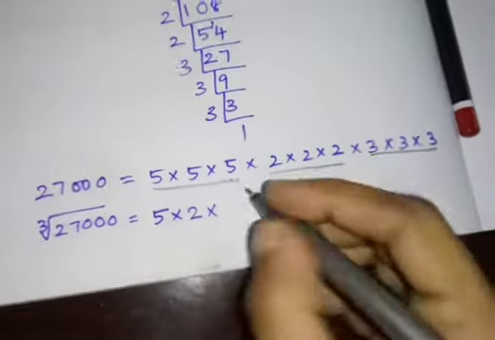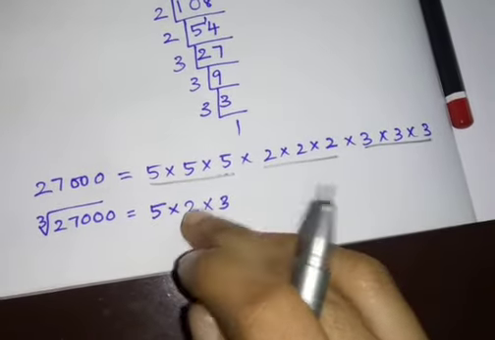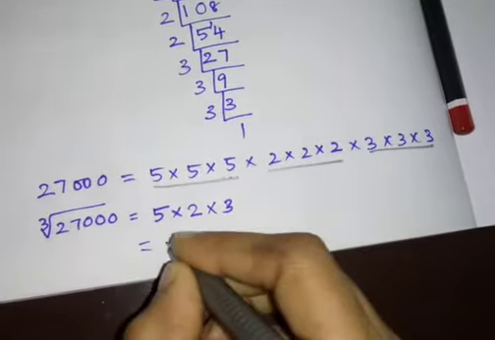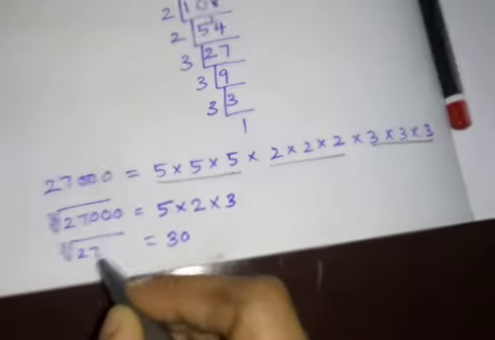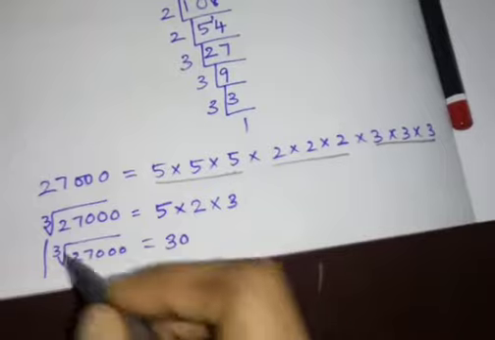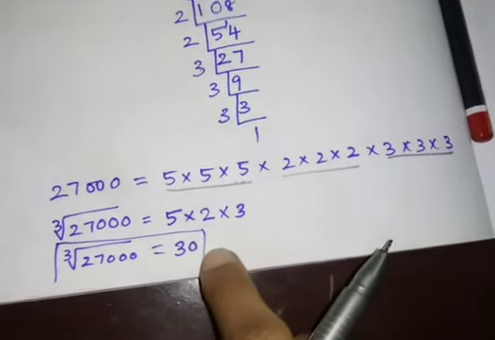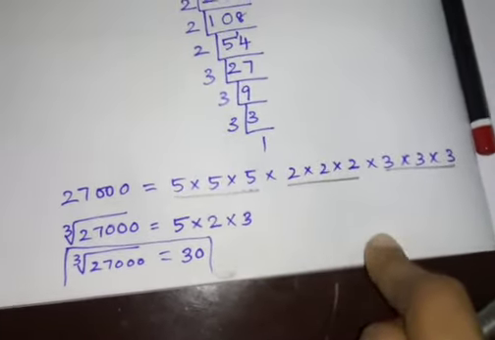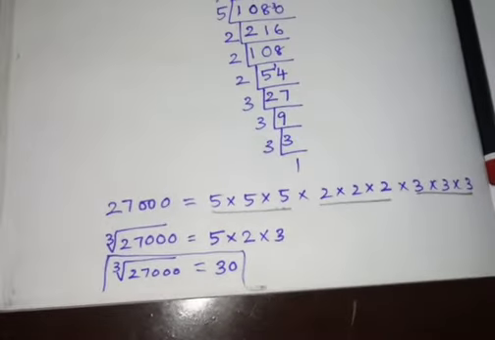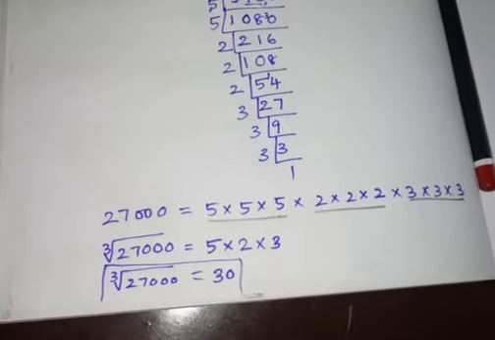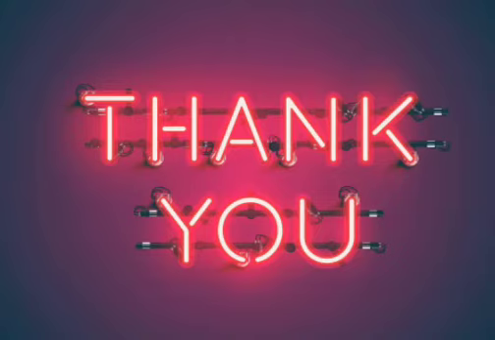Instead of these 3s, I'll write 3. 5 2s are 10, 10 3s are 30. So the cube root of 27,000, children, is 30. When I multiply 30 into 30 into 30, I'll get 27,000.